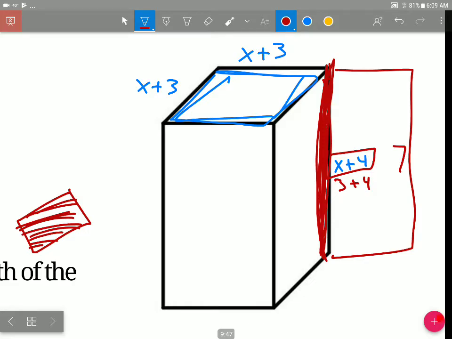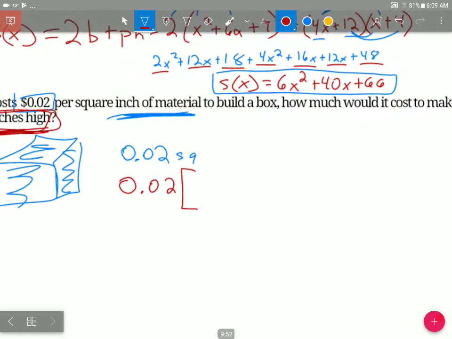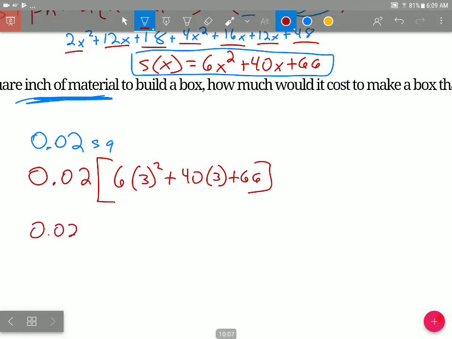All right, so we're going to use 3 for the x value. So take your surface area, 6 times 3 squared plus 40 times 3 plus 66. 3 times 3 is 9. 9 times 6 is 54. 40 times 3 is 120. Plus 66. At this point, I don't feel like doing this in my head anymore.